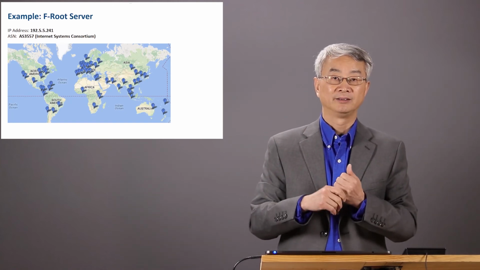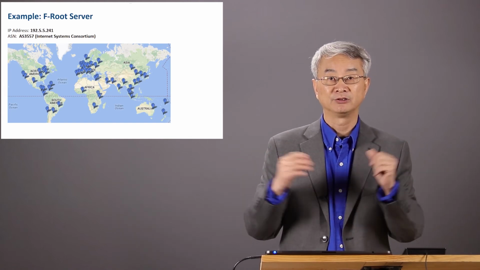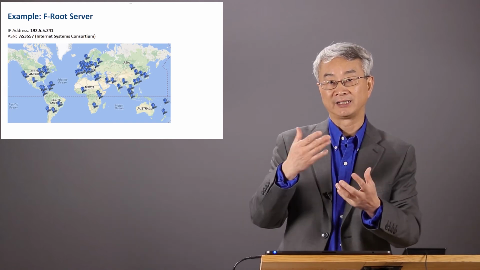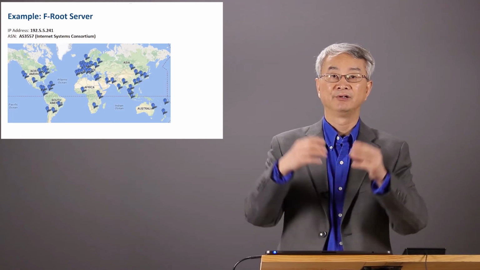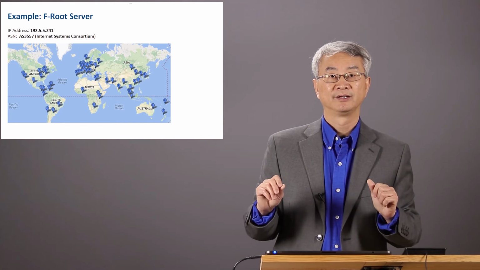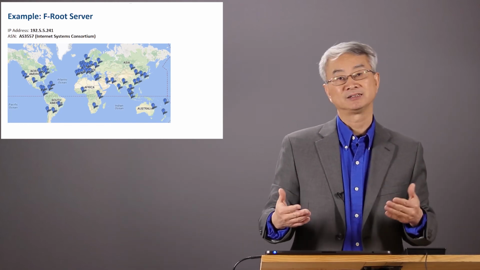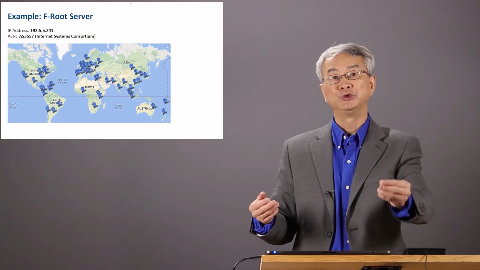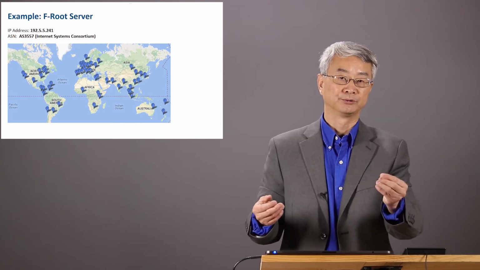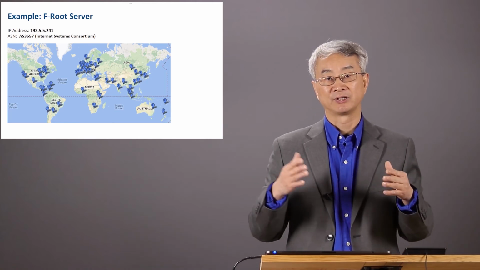Therefore, there are certain DNS servers that are all identical. Many of them, like the F-root server, even have many computers distributed around the world using IP Anycast. IP Anycast means as long as I can reach one computer, my request can be satisfied. That's called IP Anycast.